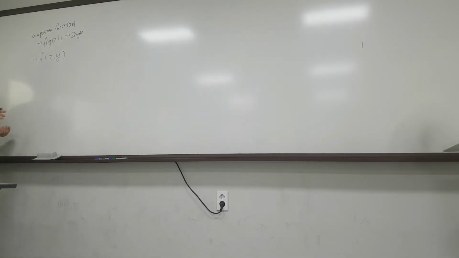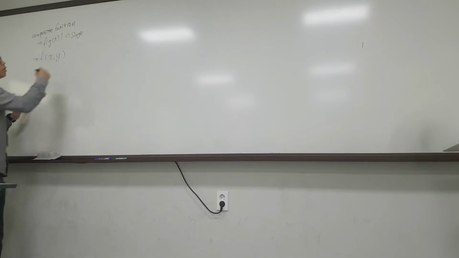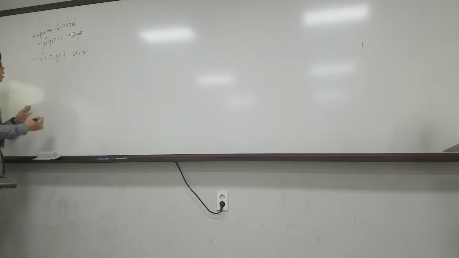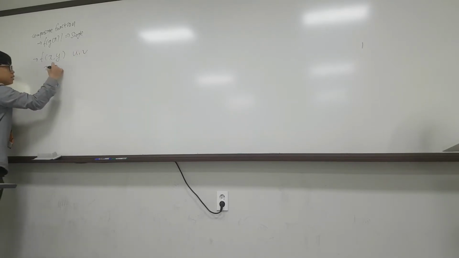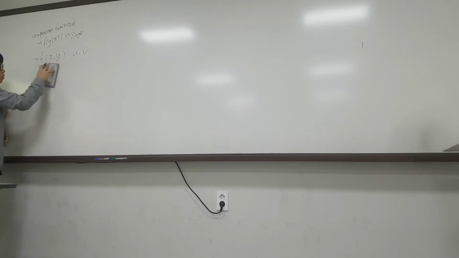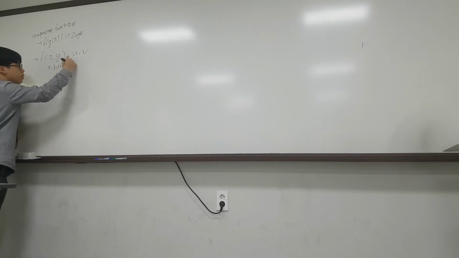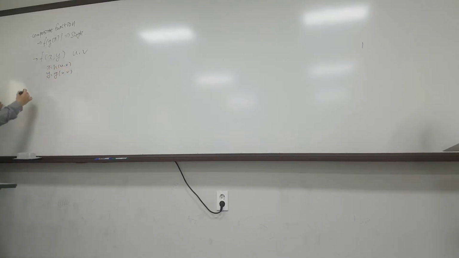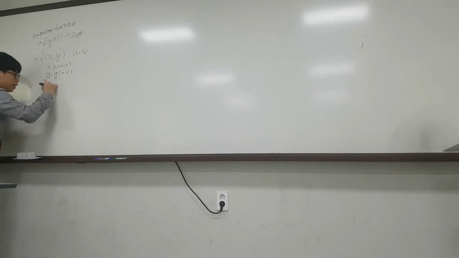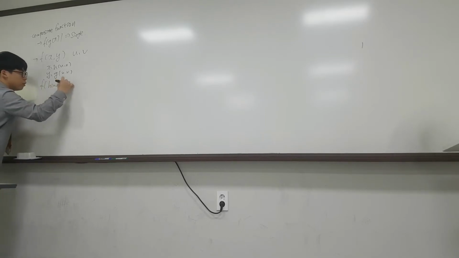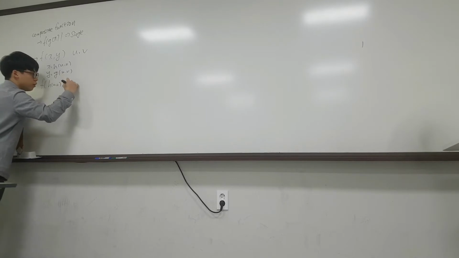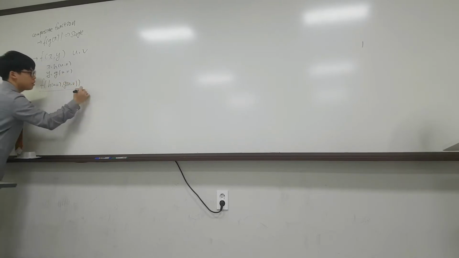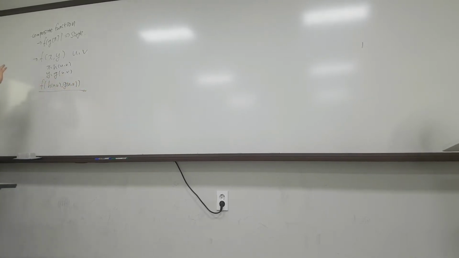So let's make two other variables, u and v. Let's say x is h of u and v, and y is g of u and v. Then f becomes f of h of u and v and g of u and v. This is how a composite function in multivariable will look.